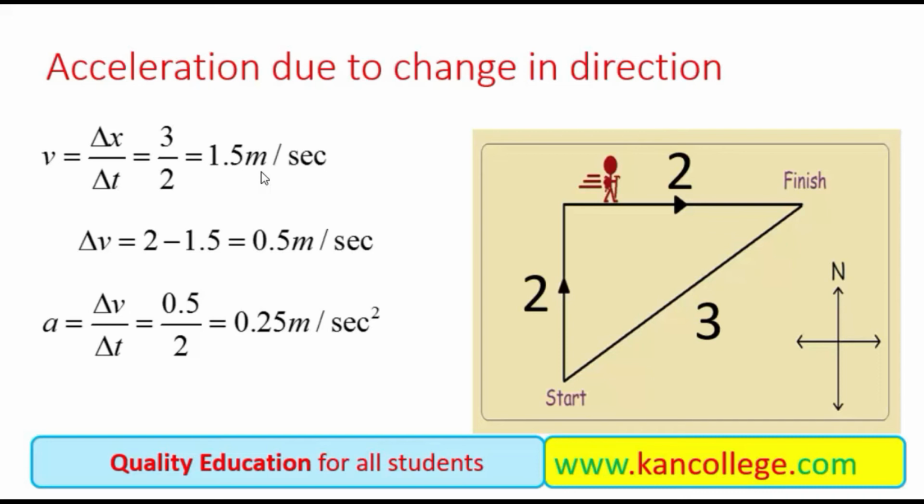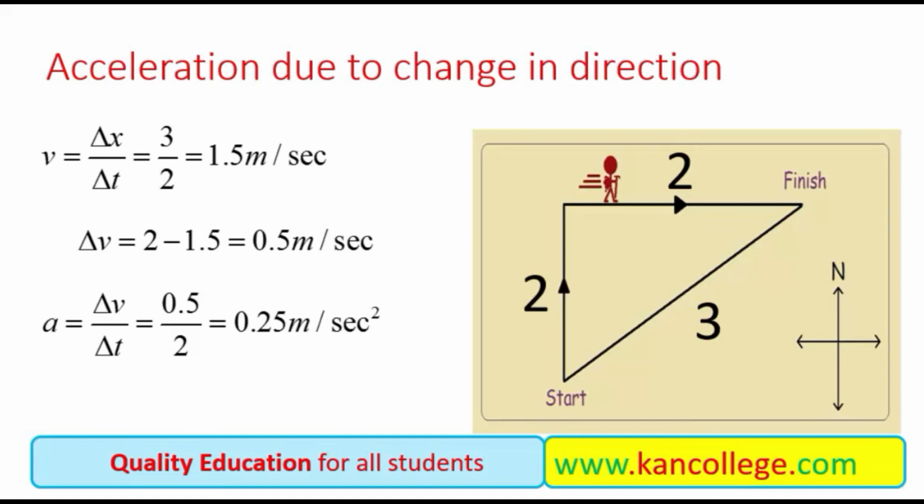And another important aspect, and the last aspect of acceleration, is that not only a change in the magnitude of the velocity produces acceleration. Acceleration is actually the change in velocity.